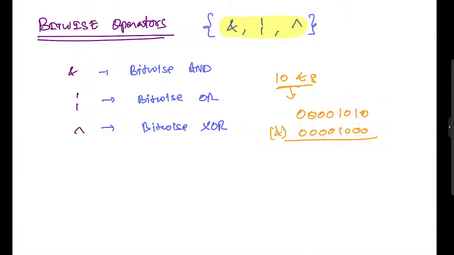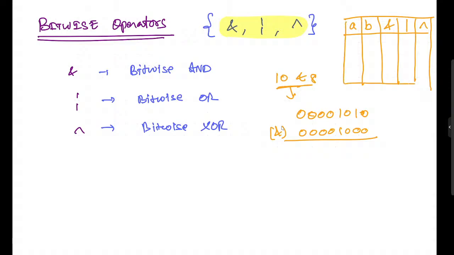Here comes a little bit about the truth table. If I have A and B, and I want to find AND, OR, and XOR, the truth table is very simple. Most of you might already know this, but let's reiterate. For inputs 00, 01, 10, 11: for AND, 00 gives 0, 01 gives 0, 10 gives 0, and 11 gives 1.